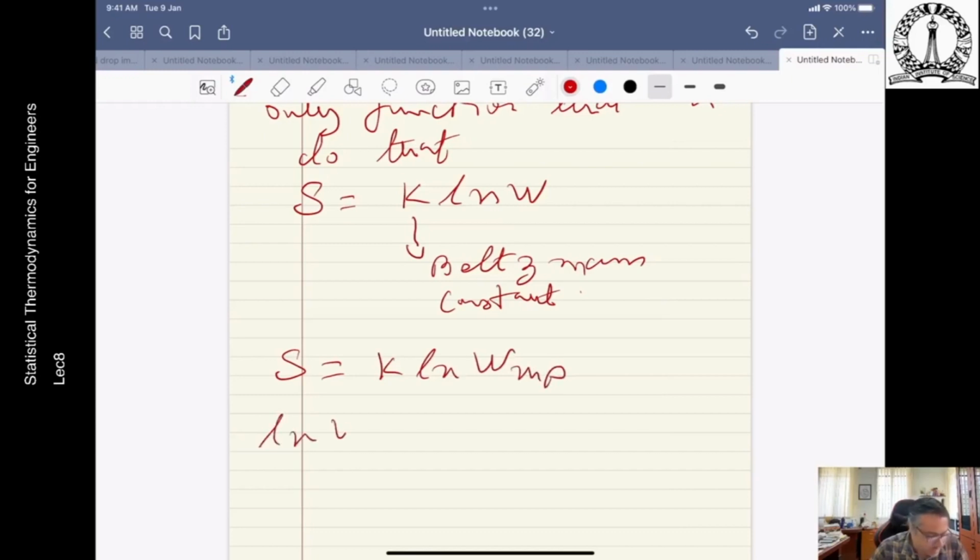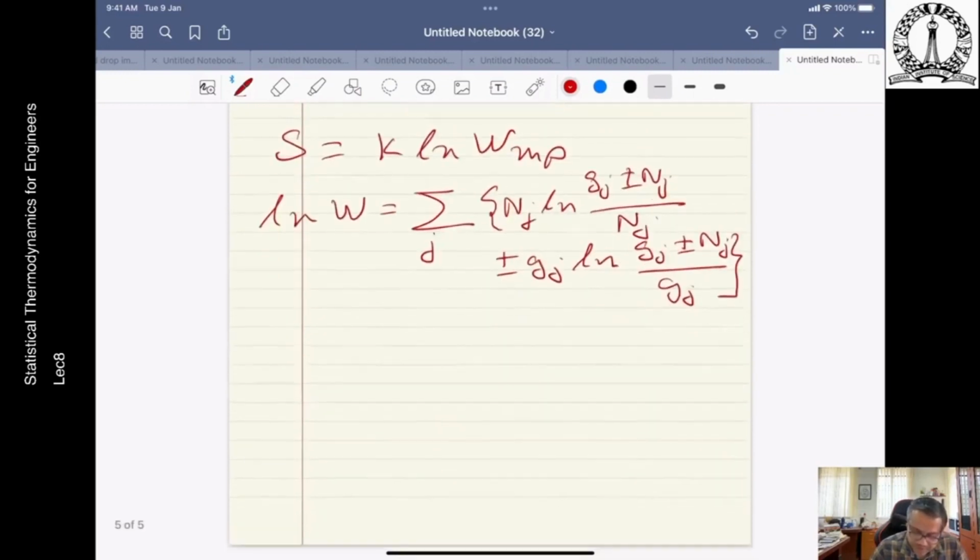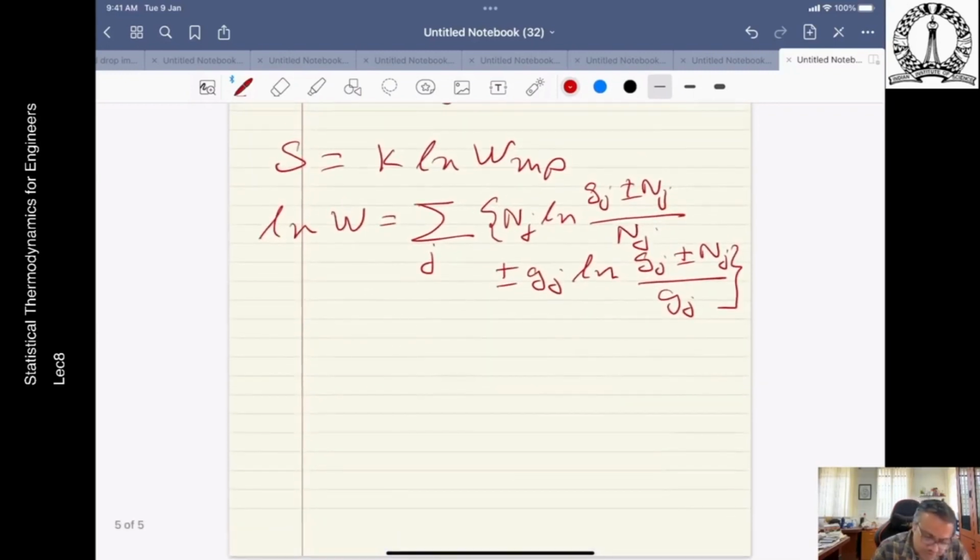So K ln W, as we already got, is the summation over j of Nj ln[(Gj ± Nj)/Nj] ± Gj ln[(Gj ± Nj)/Gj]. Alright, so this is how it goes.